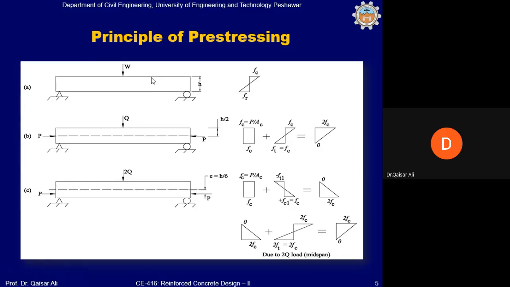If you know W, you can draw the bending moment diagram, so M will be known, and the total depth of the beam is h. So y at any location will be known, and I is the moment of inertia. Knowing M, y, and I, you can calculate flexure stresses at any location.